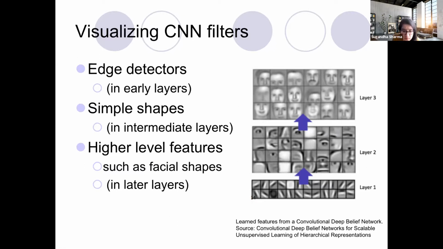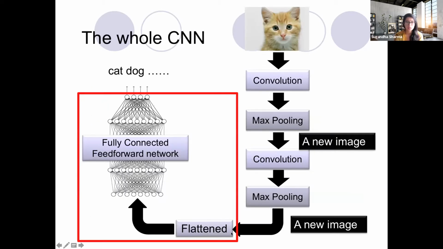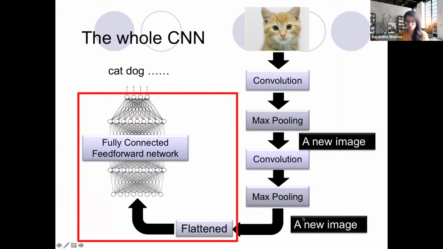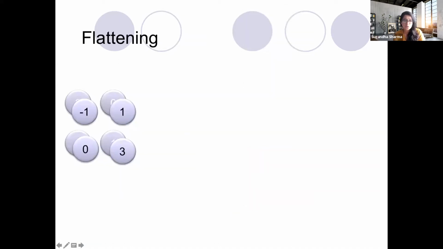Okay, so going back to how we are doing flattening at the end of the network. This is the output image. Let's say this output image at the end of our convolution and pooling layers is this 2 by 2 by 2 matrix, right?